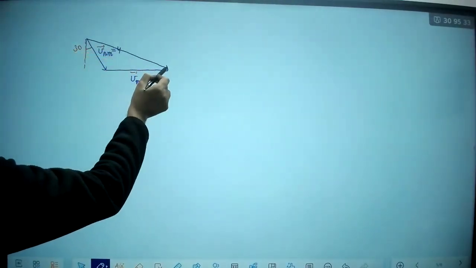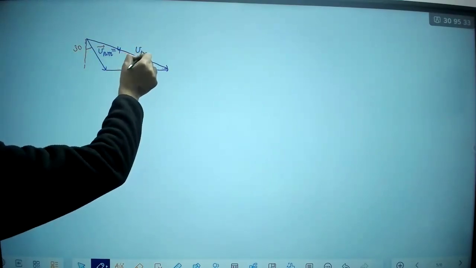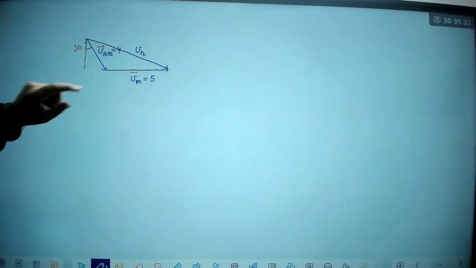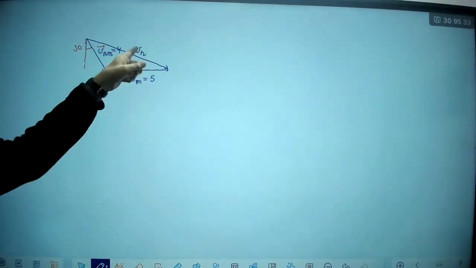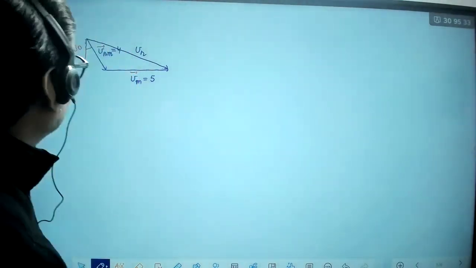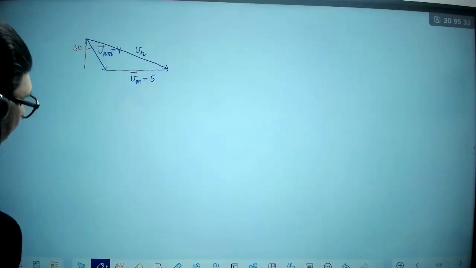Numerically solving this type of problem is very easy. I want to solve for this VR. So first you know how to draw this: VM is here, VRM is here, this is 30. You're saying find out the actual velocity of the rainfall. I can easily find out how. Can anyone tell me how you can find out? It is a very simple problem.